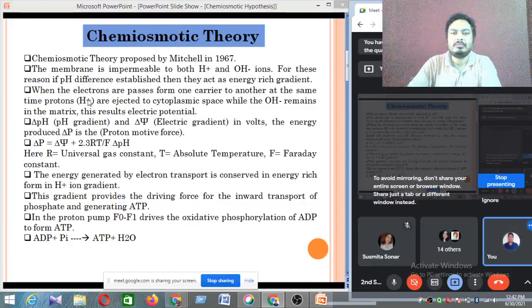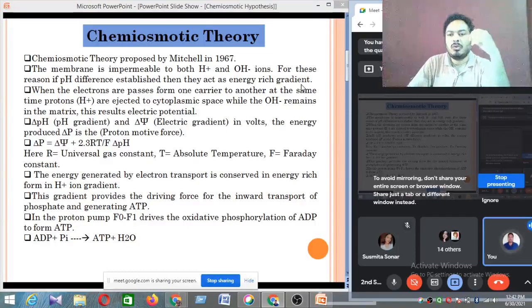so the next point: if a pH difference is established, then it acts as an energy-rich gradient. Now see, when the H plus from the matrix moves to the perimembranous space, all the H plus gathers inside the perimembranous space, and in the matrix all becomes OH negative.